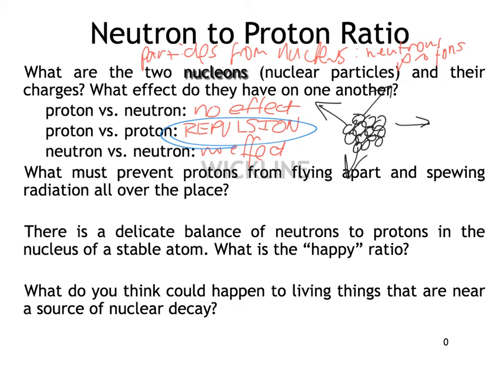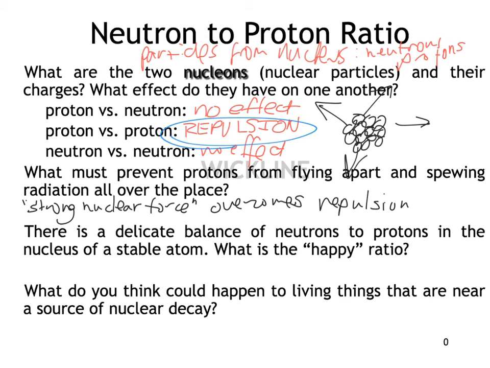So the nucleus doesn't do that. The thing that prevents them from flying apart and spewing radiation all over the place is another force. The identity of that force is called the strong nuclear force. That strong nuclear force is a force that attracts particles to each other, and it's much stronger than the repulsion that impels this nucleus to fly apart.